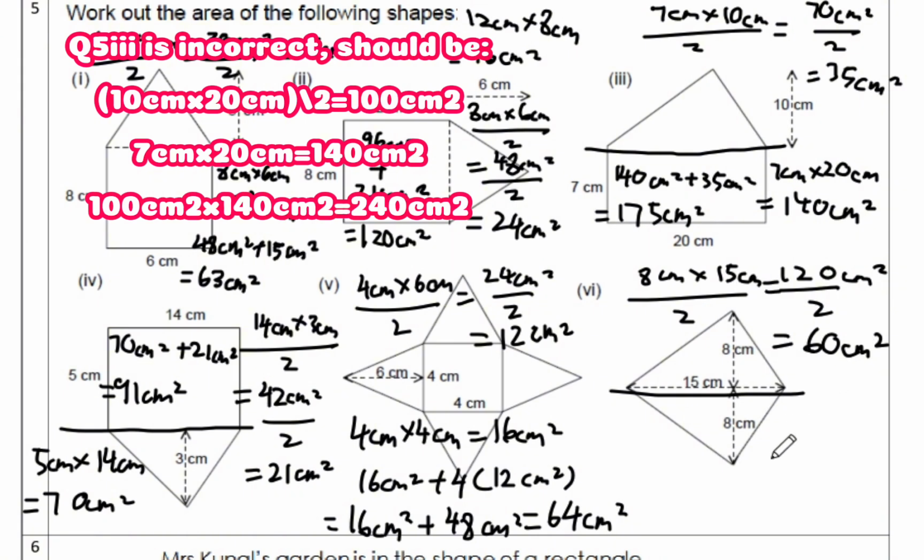And we can just multiply this by 2 because both of them are the same height. So it would be 60 cm square times 2, which is 120 cm square. And that will be our final answer.